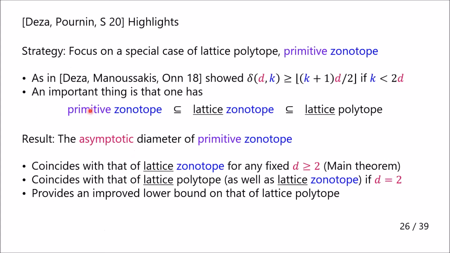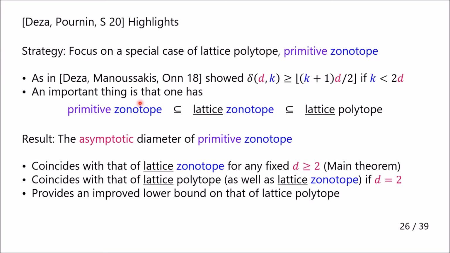And here is a highlight of this paper. The basic strategy is to look at the special case of lattice polytope, which is called a primitive zonotope. This primitive zonotope has already been utilized in this paper to provide a good lower bound on delta dk, as I mentioned earlier.